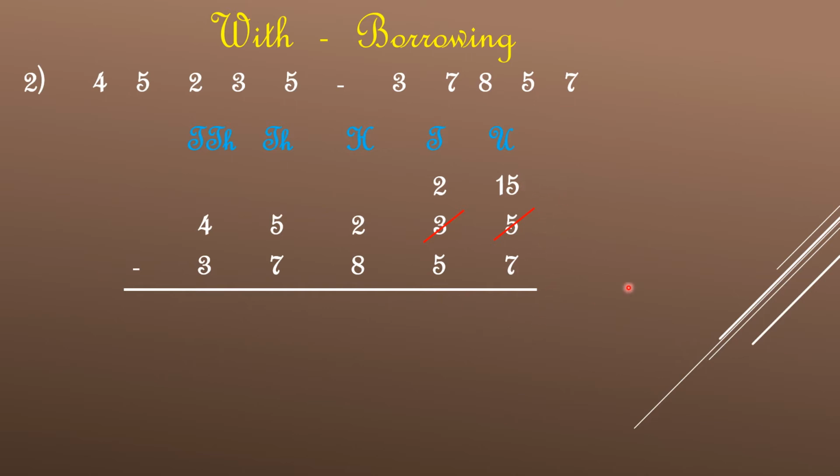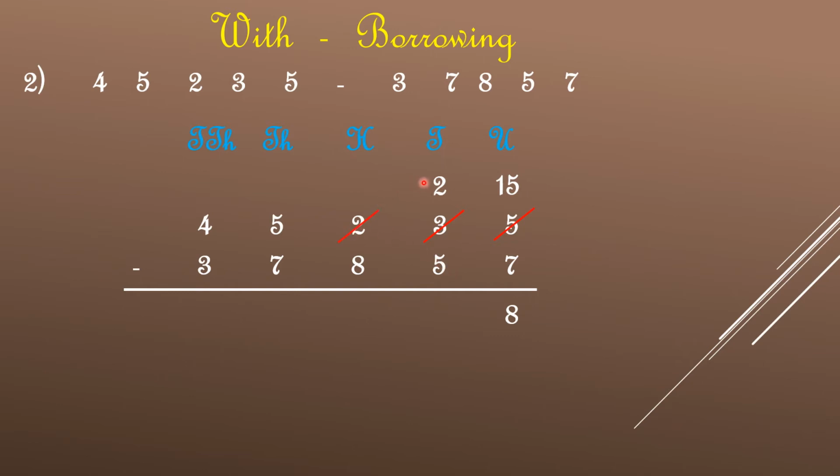15 minus 7 gives me 8. How do I get it? You have to count back from 8. You have to go till 15. 8, 9, 10, 11, 12, 13, 14, 15. That's how teacher got 8. Now again from 2, I cannot subtract 5. So again I borrow.